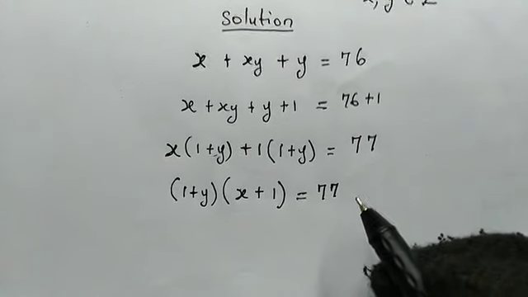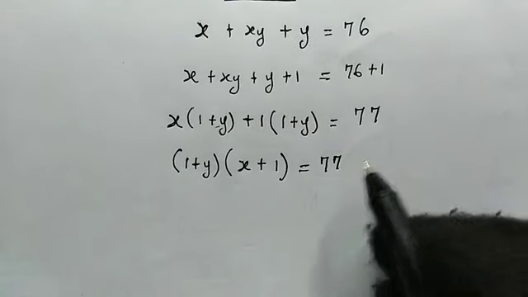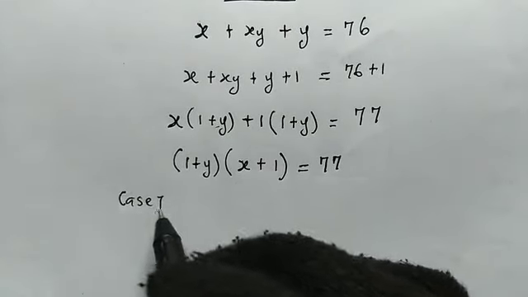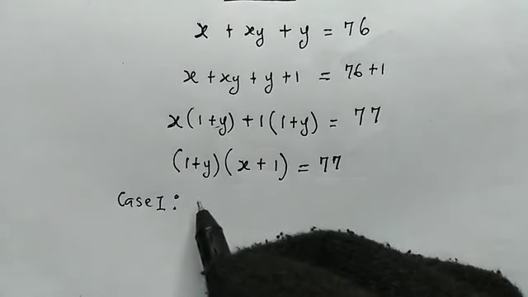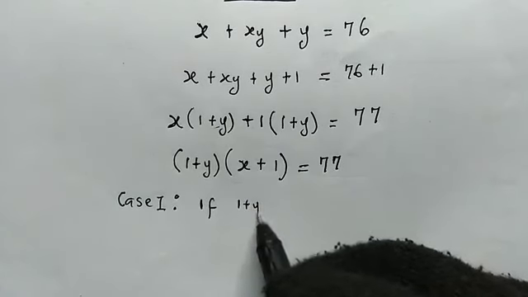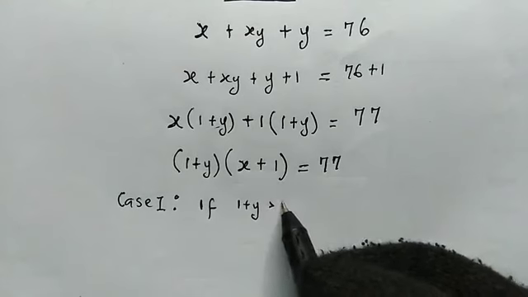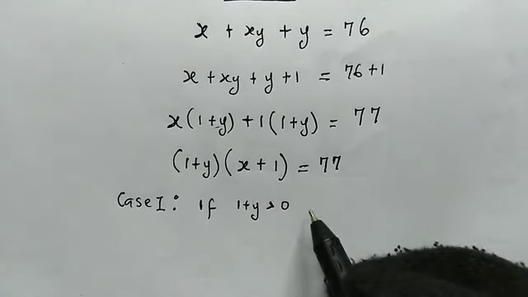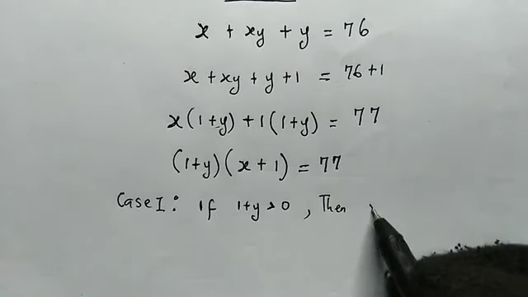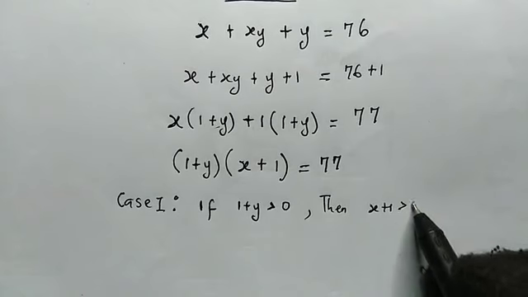Now from here we have some interesting cases to be considered. In case 1, if 1 plus y is greater than 0, then x plus 1 needs to be greater than 0.